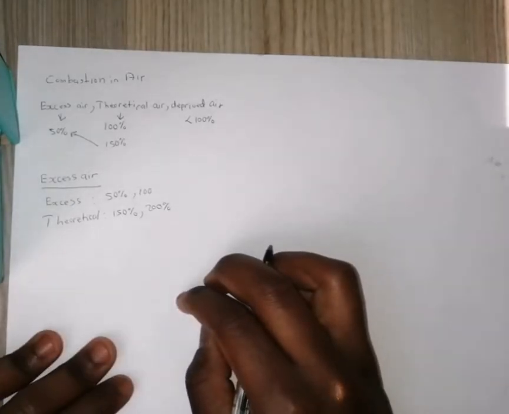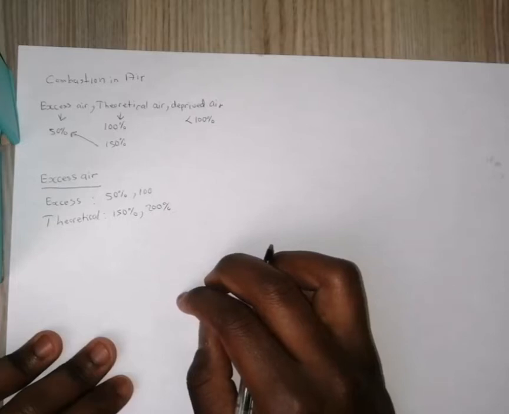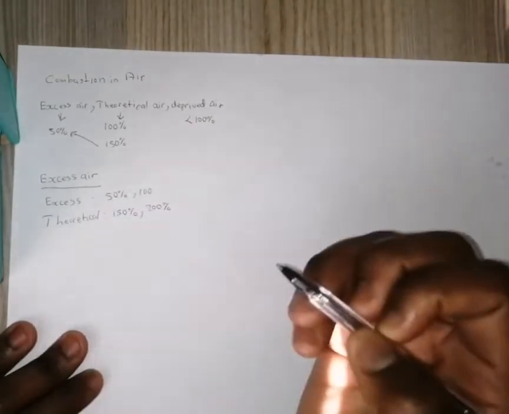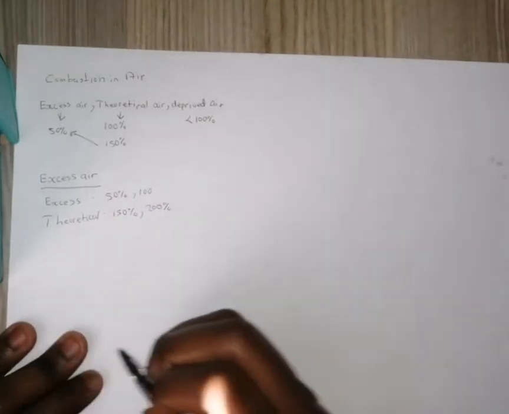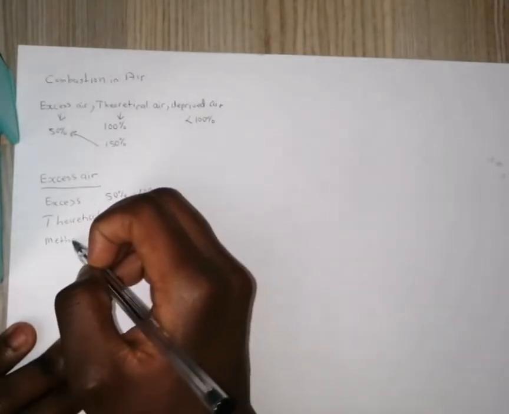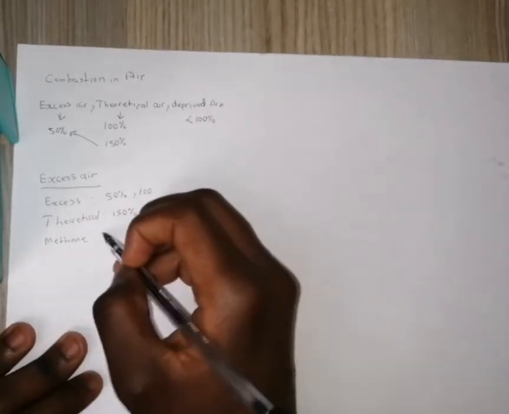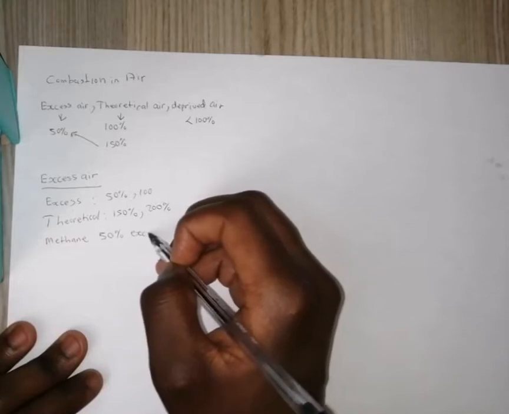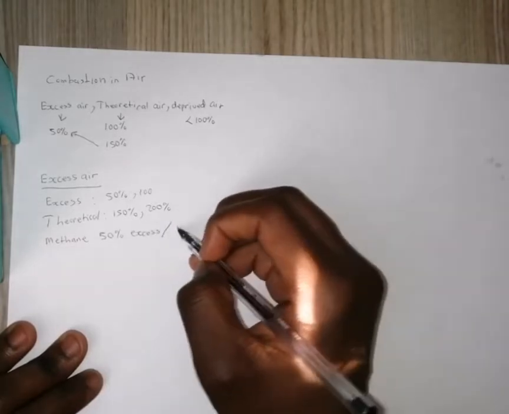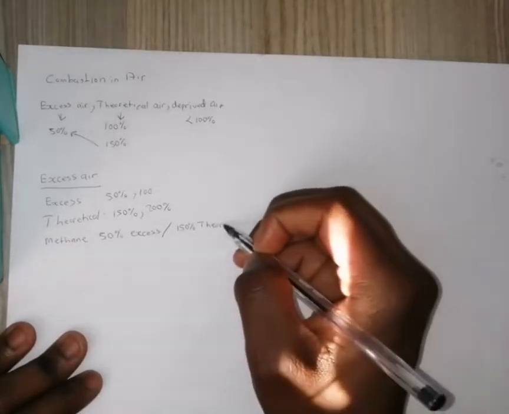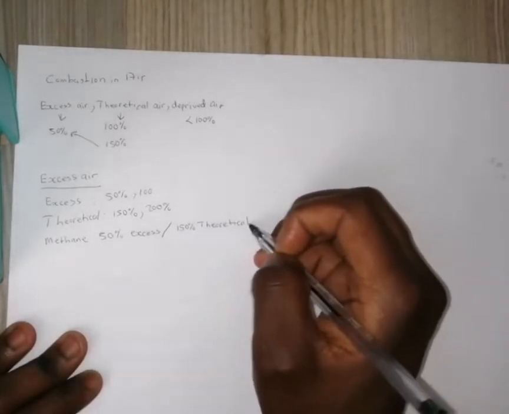So now we're going to do an example for methane. Let's say we've been given methane and it's going to react in 50% excess air, or 150% theoretical air.